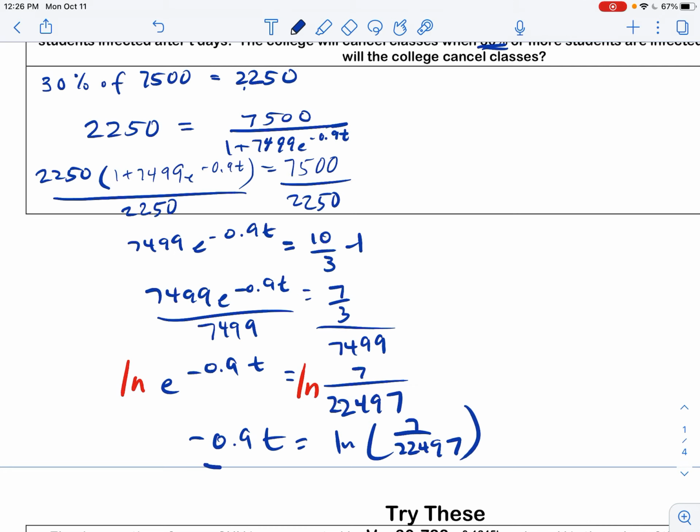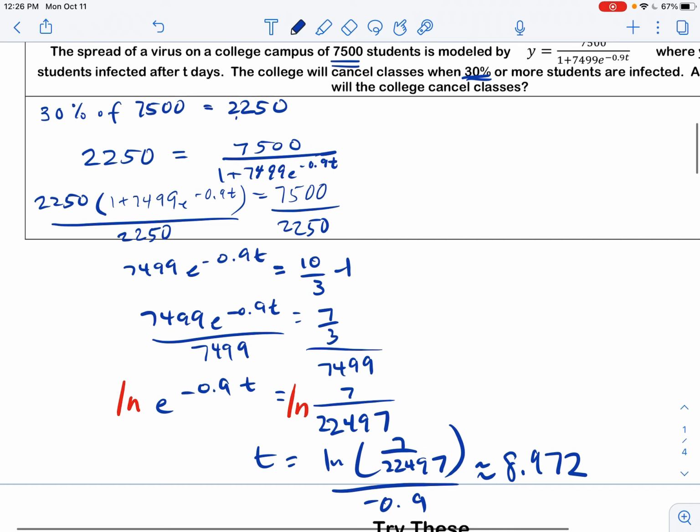Which again, now I'm going to divide everything by negative 0.9. So from here, we can say this is the t value, which comes out to approximately, and let me just punch this into my calculator myself, we should get approximately 8.972. And t is in days.